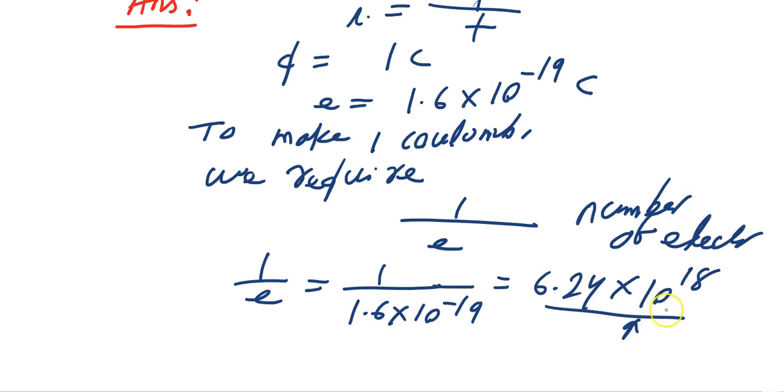These many electrons passed through any element in 1 second will produce 1 ampere of current. This is a 1 mark question.